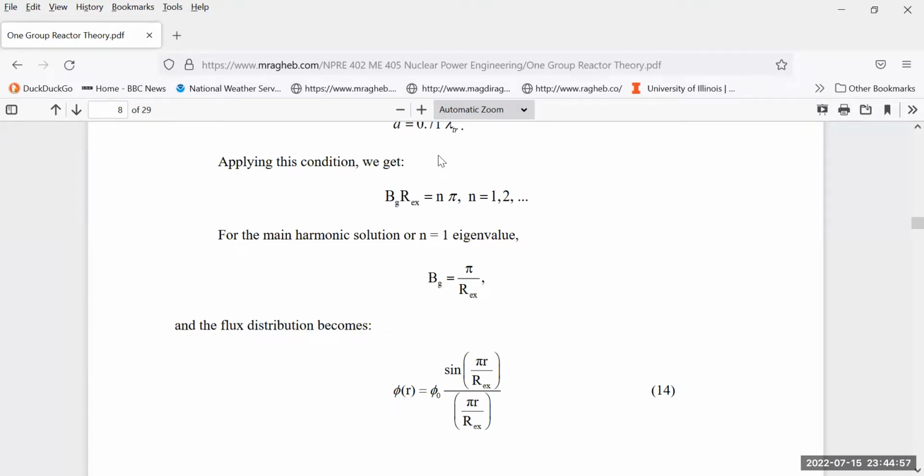However, we are interested in the steady state. So we are really interested only in the main harmonic that occurs at a steady state situation, where n is equal to 1. So in that case, we can say that B sub G is equal to pi over the extrapolated boundary of the reactor.